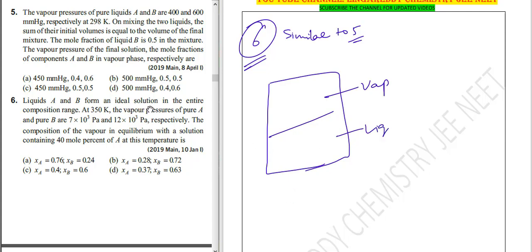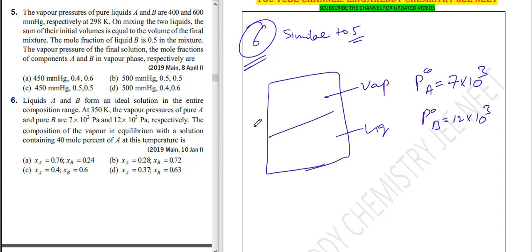Ideal solution. Ideal solution means Raoult's law is applicable. At 350 Kelvin, the vapor pressure of pure A, P naught A, is 7 into 10 power 3, and P naught B is 12 into 10 power 3 Pascals.